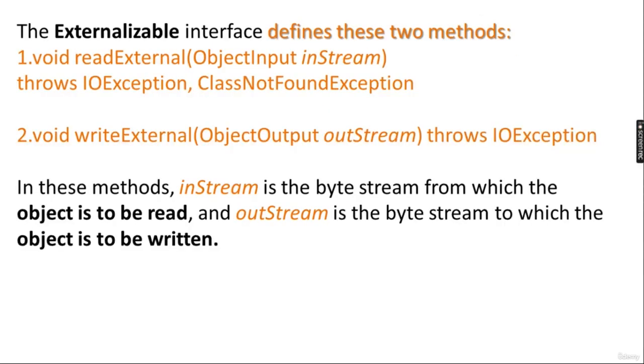The Externalizable interface defines two methods: void readExternal(ObjectInput in) throws IOException, ClassNotFoundException, and void writeExternal(ObjectOutput out) throws IOException. The input stream is the byte stream from which the object is to be read, and the output stream is the byte stream to which the object is to be written.